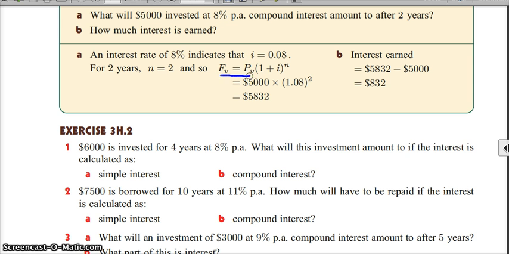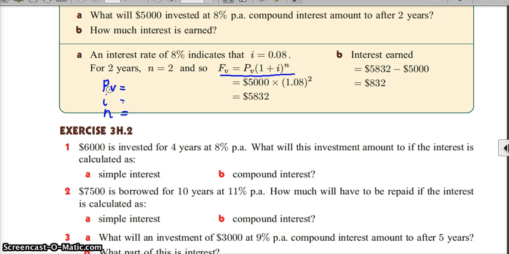I reckon your first step is to do that. Write out the formula. And then the habit I want you to get into, Ryan, you might want to listen to this at the moment. The habit I'd like you to get into is writing down what your PV is, writing down what your I is, and writing down what your N is. Okay? So start doing this process. That's what I'll be expecting to see in tests.